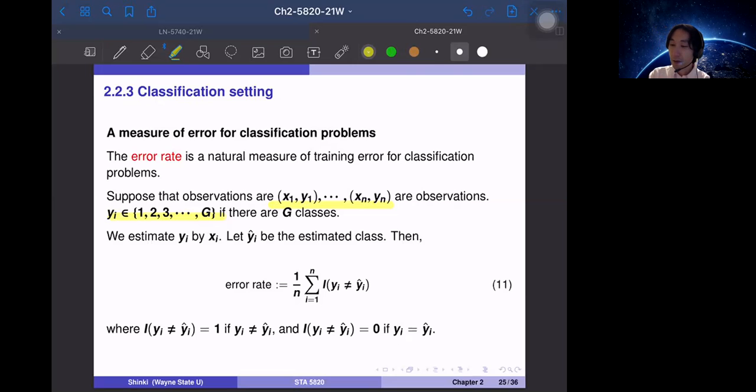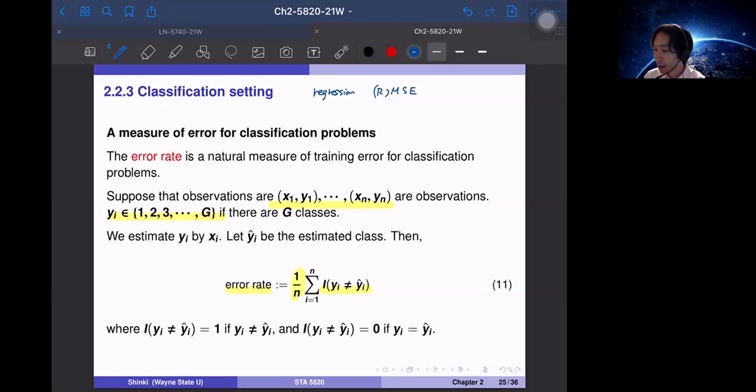For the regression problem, we defined the mean square error or root mean square error. So how about classification? Here, the error rate is the most basic measure to quantify the error size. The error rate is defined as 1 over n times the summation of the number of observations where yi is not equal to yi hat.